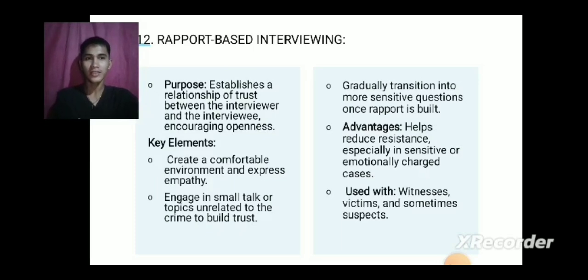Gradually transition into more sensitive questions when rapport is built. Advantages: helps reduce resistance, especially in sensitive or emotionally charged cases. Used with witnesses, victims, and sometimes suspects.